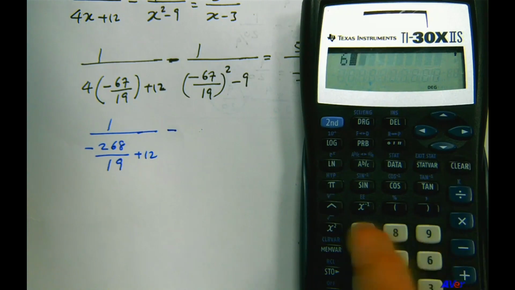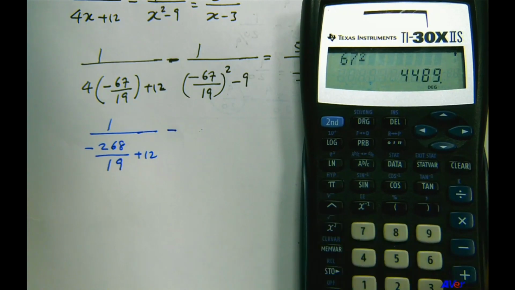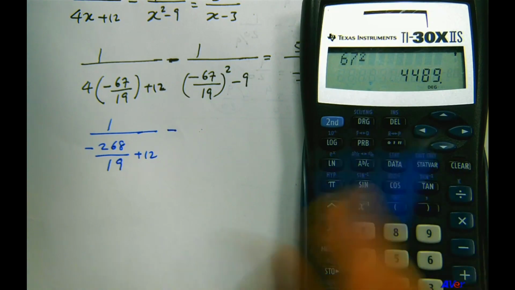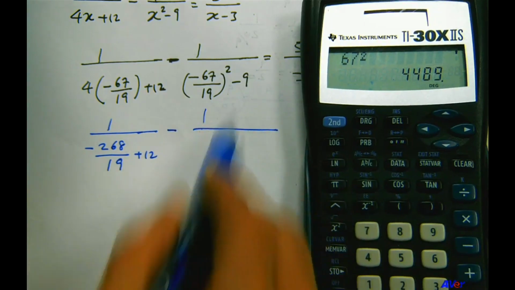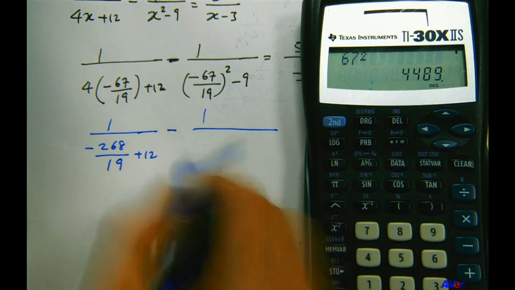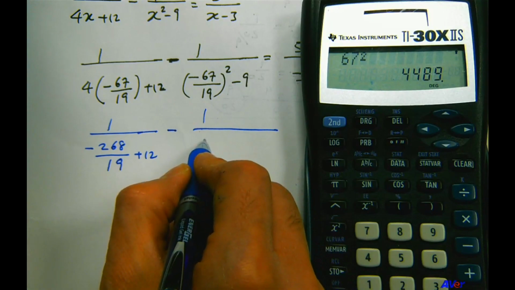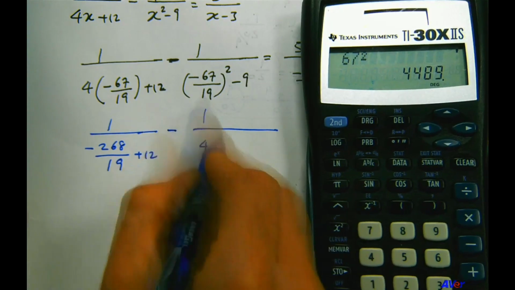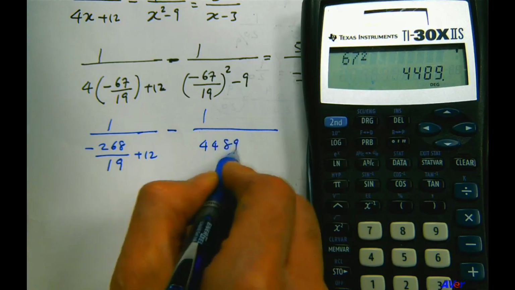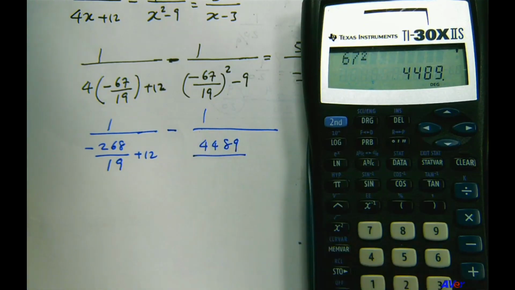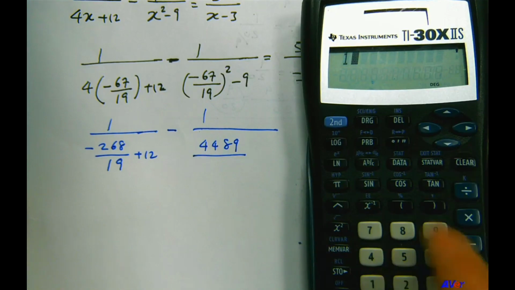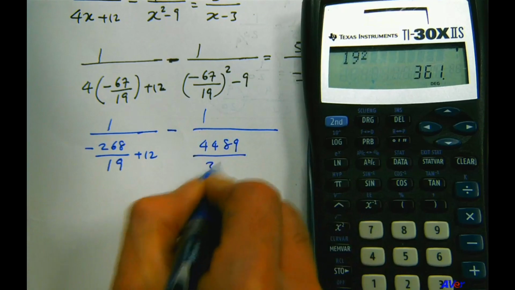So 67 squared is 4489, everything is positive, divided by 19 squared, 19 squared, we've got 361.